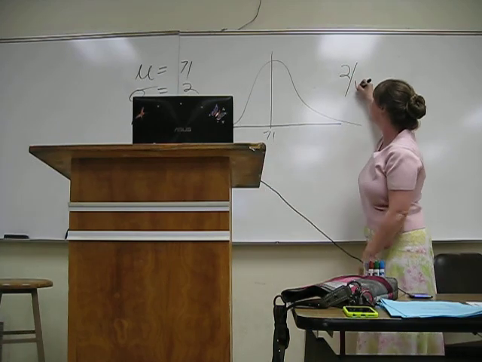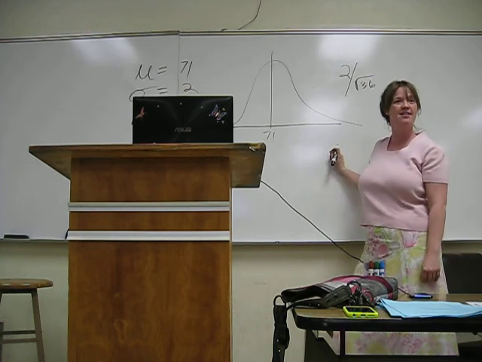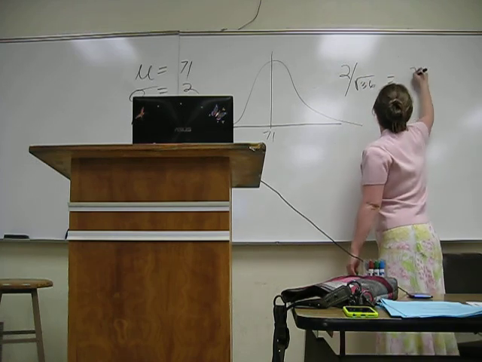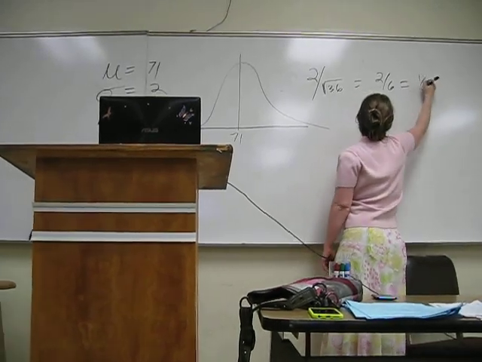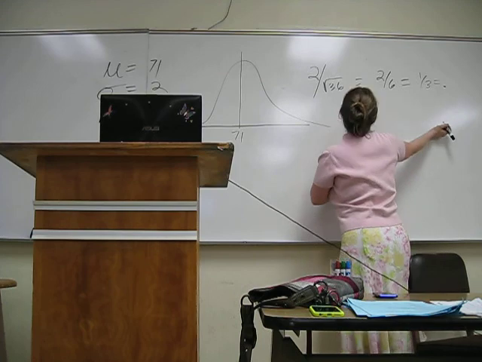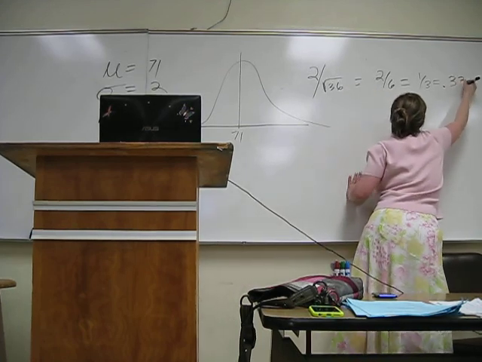2 over the square root of 36, right? 2/6 is 1/3, right? Did I do that right? Yeah, 0.33.